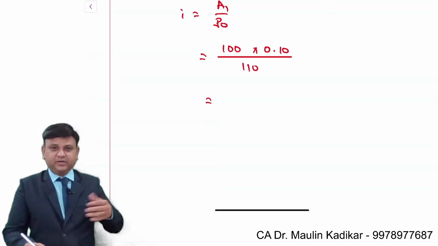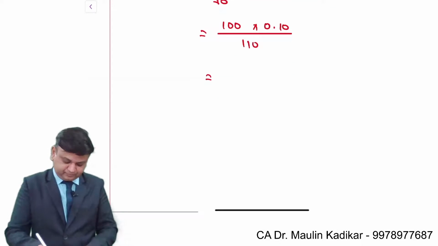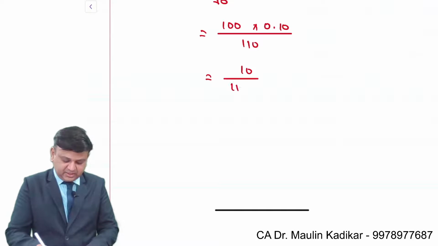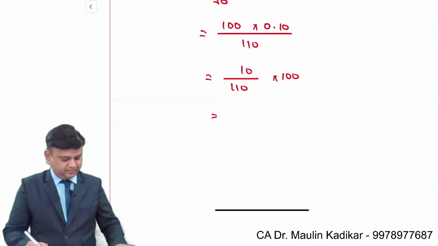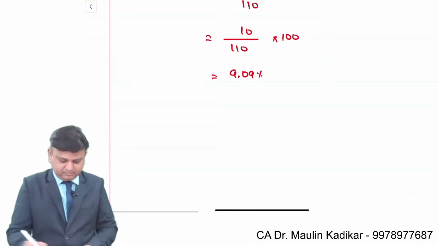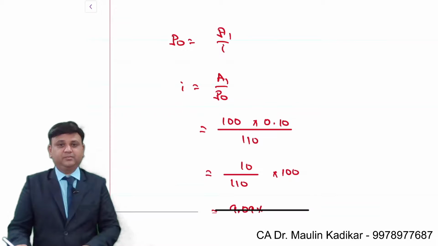So 10% of 100 is 10 rupees, divided by 110 into 100 for getting the answer in percentage terms. And that comes to 9.09 percentage. Full stop.